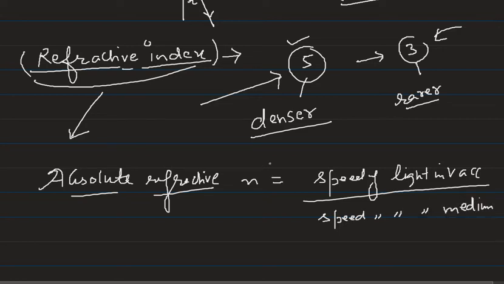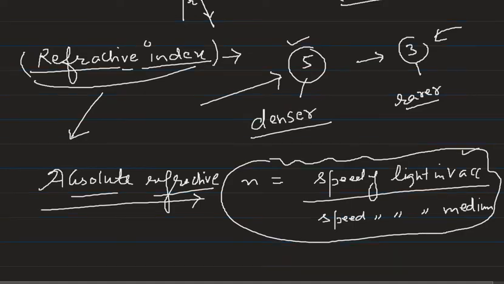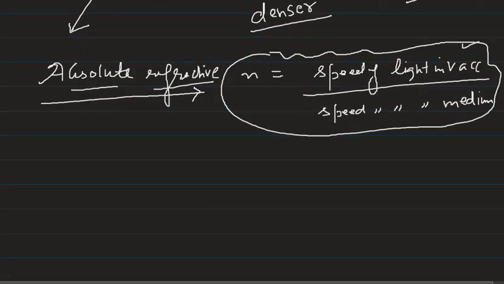So this ratio is known as the absolute refractive index. Absolute refractive index is ratio of speed of light in vacuum to the speed of light in medium. This is called simply absolute refractive index.